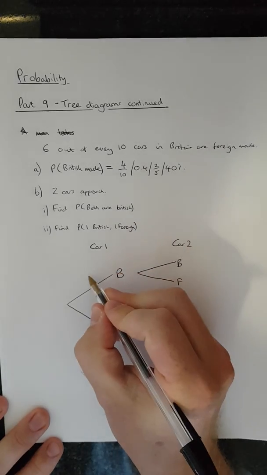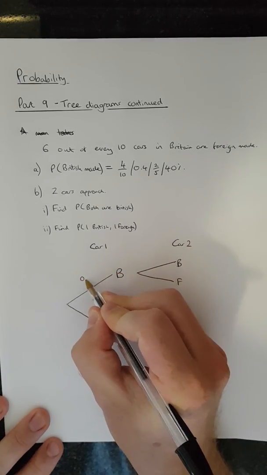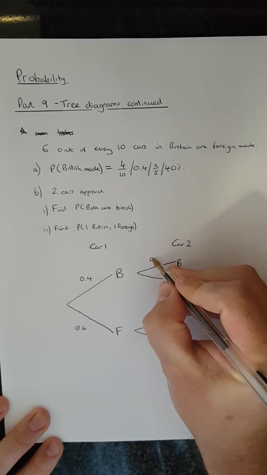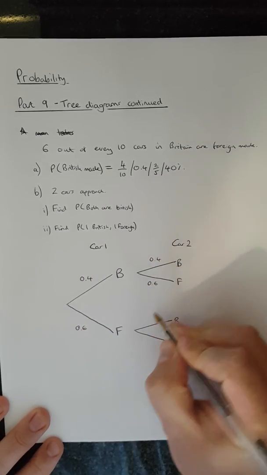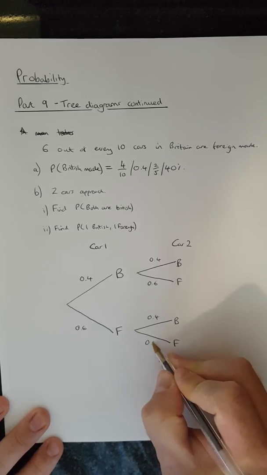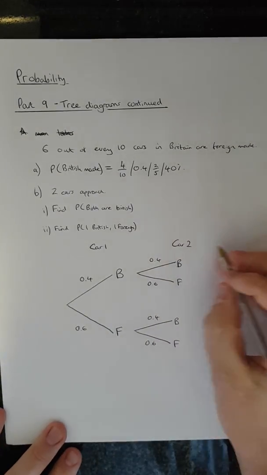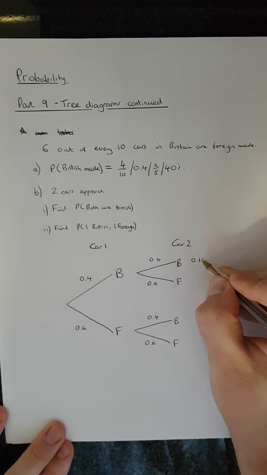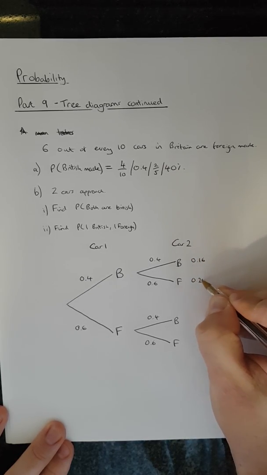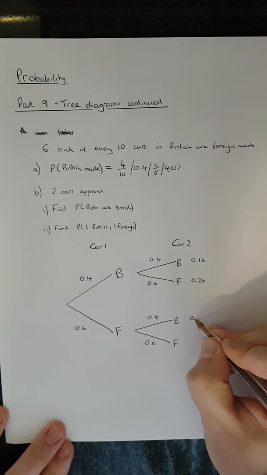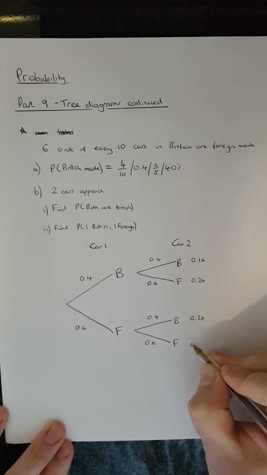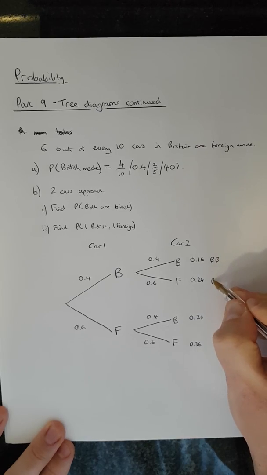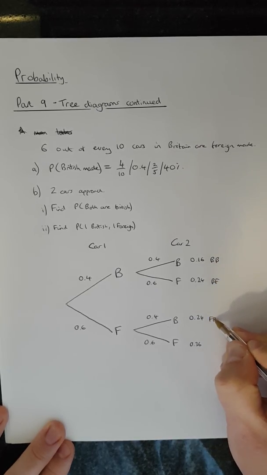The probability a car is British is 0.4. So it's 0.6 that it's foreign. Multiply the probabilities to work out each branch, and list the event just to make it easier for yourself.